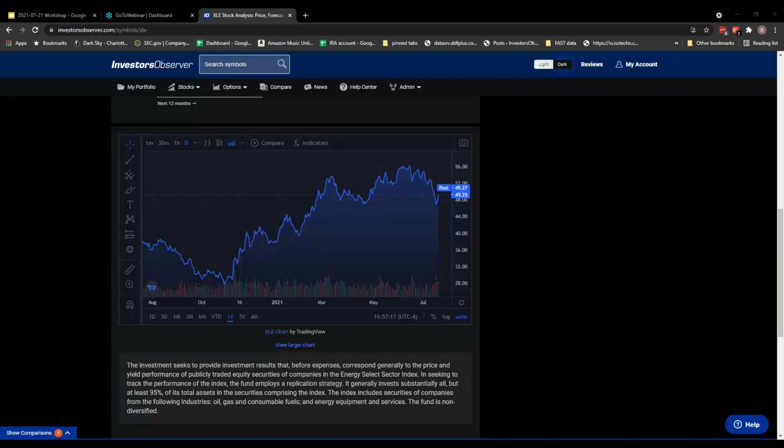I feel like we're getting close to a point, though, in terms of the price of oil where you start to get more production in the US. Fracking tends to be expensive, and so they have a higher break-even cost. So if the price of oil is at 40 and it costs you $70 to make a barrel of oil, you're just going to stop making oil at some point.